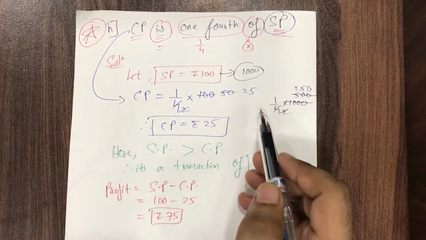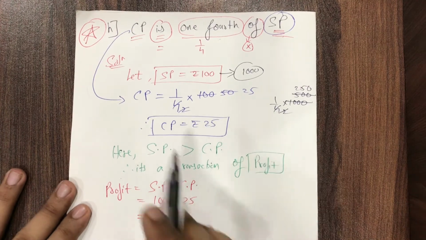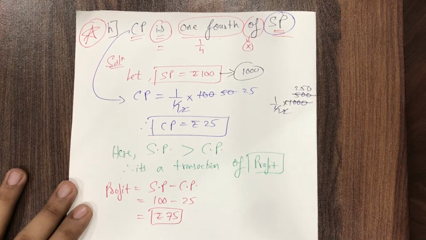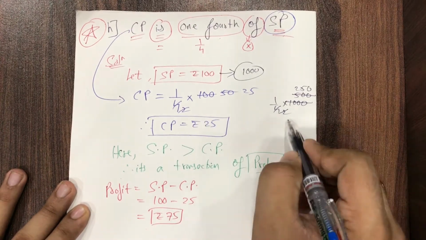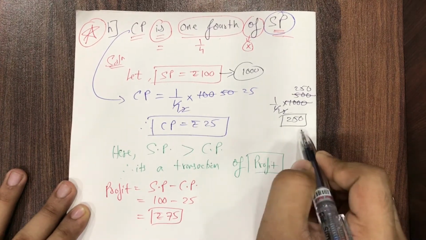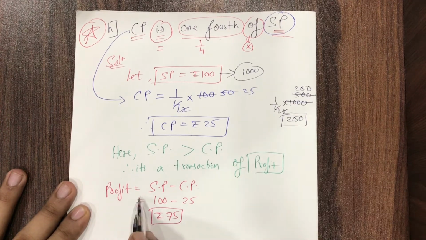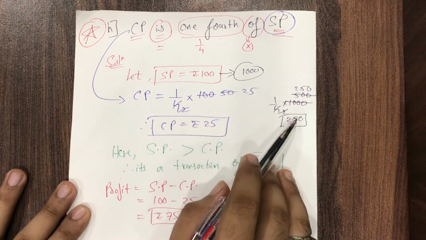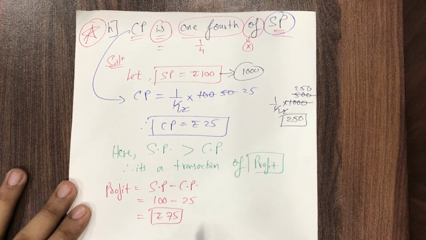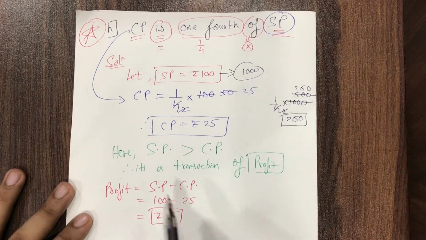I'm just giving you another way, that every student can get a different answer. That I am teaching you. If certain students take selling price as 1000, his cost price will become rupees 250. So what will be the profit? Selling price minus cost price. So 1000 minus 250, it will be 750. So every student will get a different answer because it's an open question.